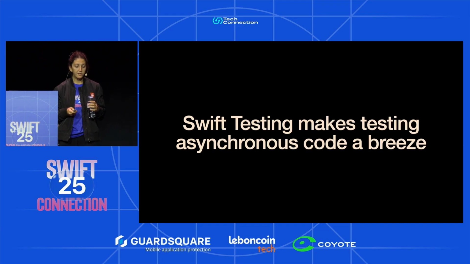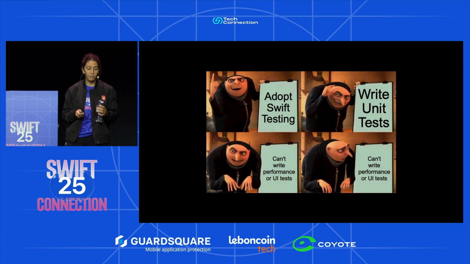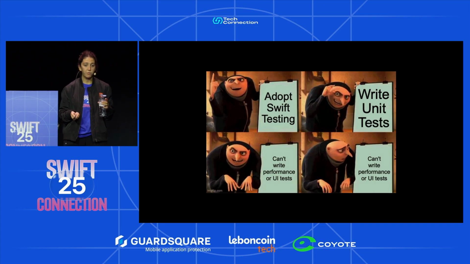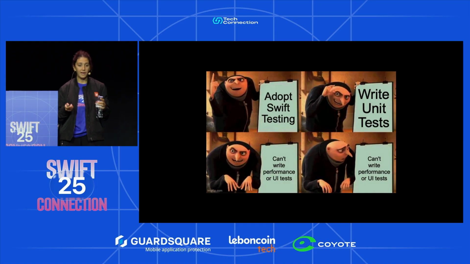And so Swift testing makes testing asynchronous code a breeze. And unfortunately, I've run out of time, but basically, before I get hauled off stage by security, I just want to say there's one caveat with adopting Swift testing that you need to be aware of, and that is that you can't really write performance or UI tests, and it's really not recommended to mix XCTest and Swift testing.